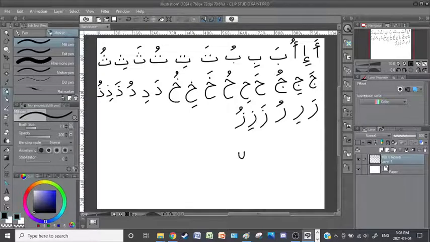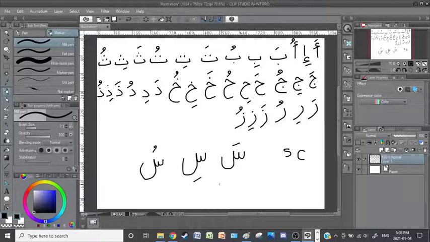Then the next letter is seen. Seen with a fatha, seen with a kasra, seen with a dhamma, and that is the S sound or the C sound depending on its pronunciation.